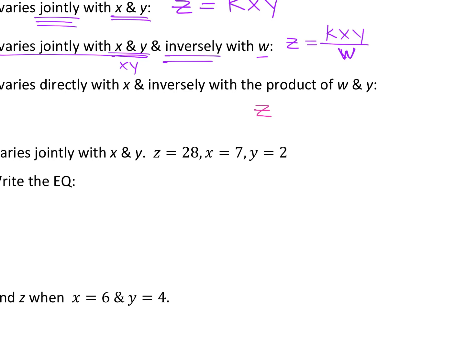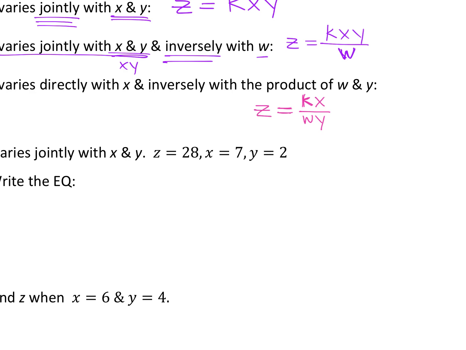Before that. Equals. Varies is equals, right? Then what? K times x, directly with x, so k times x, and then over w times y, right? The product of w and y.